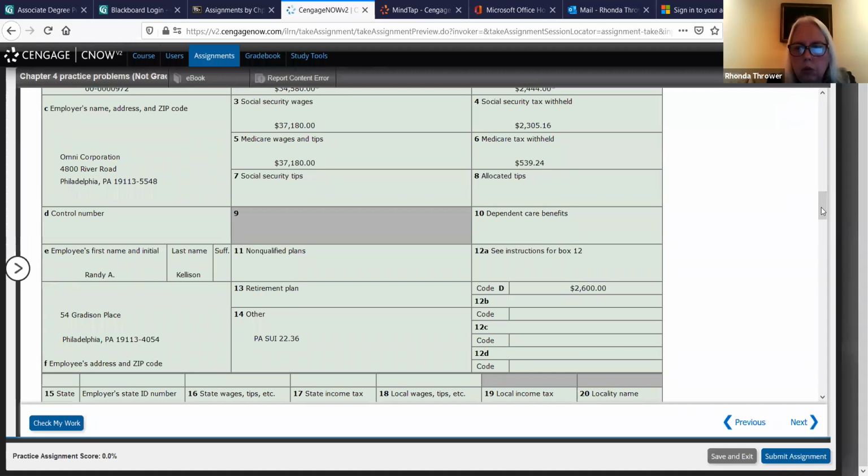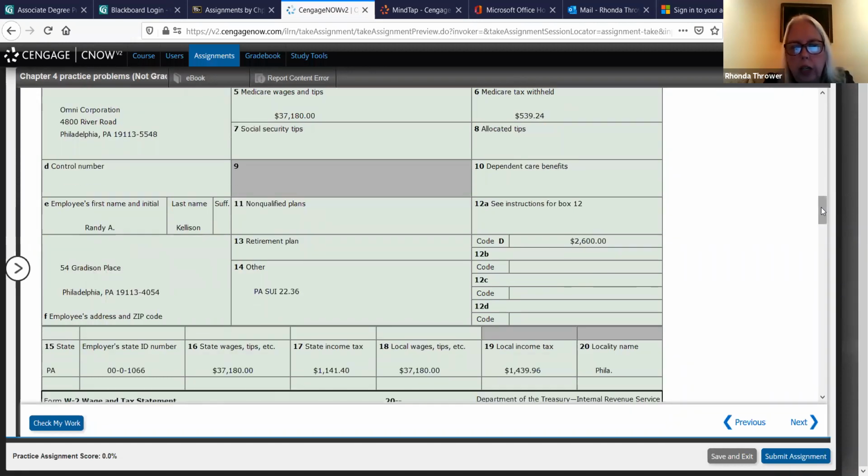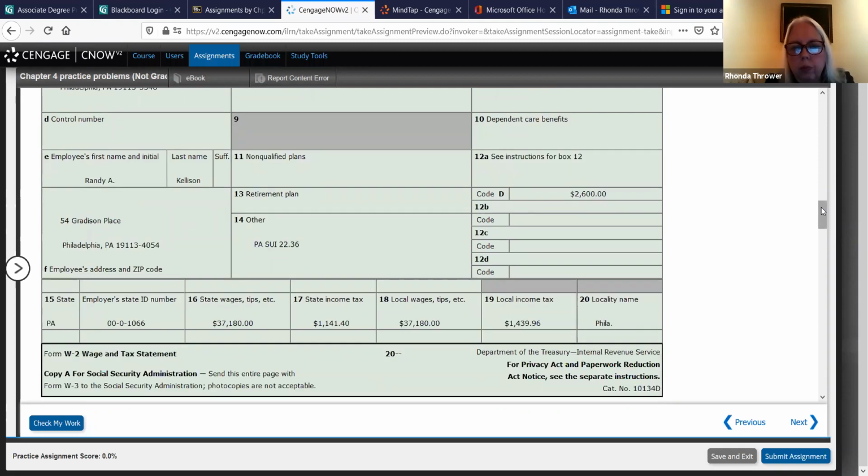Also, when you're looking at the W-2 form, in box 13, that 401k plan was a retirement plan. In box 14, they've got a place for other things that you don't have a place for on any other parts of the W-2.